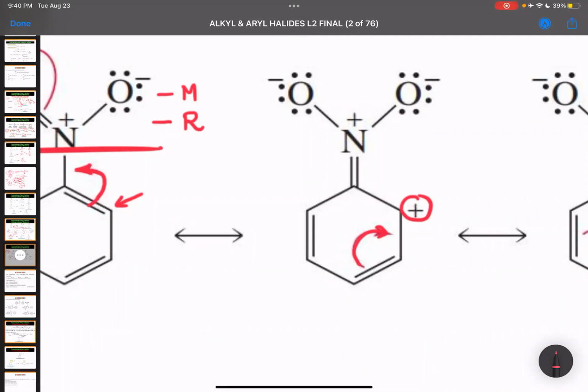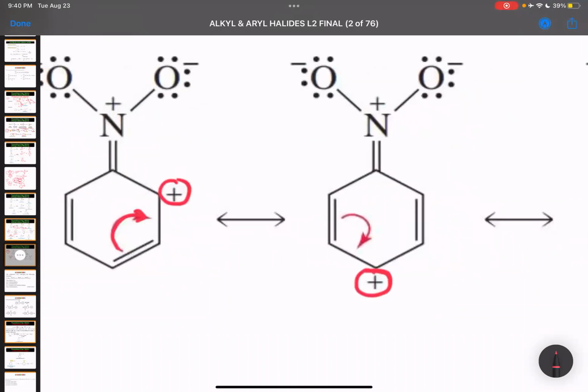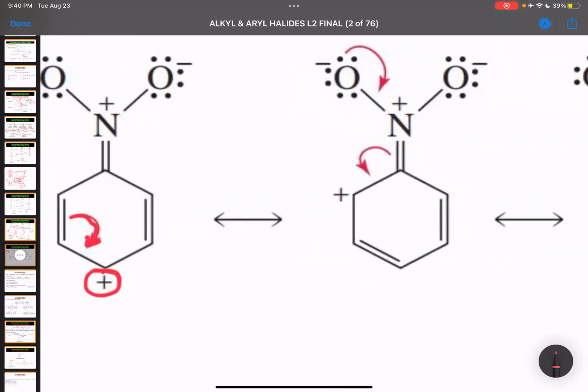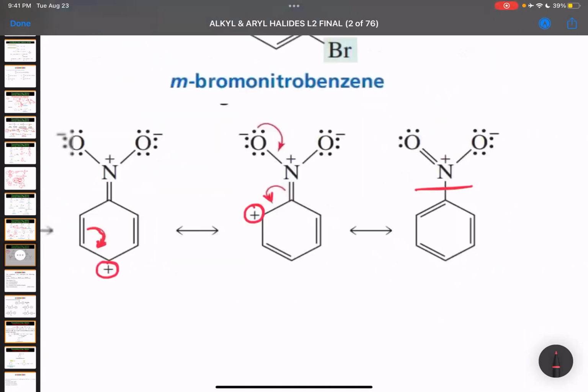This pi bond will become like this, and there is a positive charge at the para position, and this plus charge will again try to pull the electron. So there is again a positive charge at the ortho position, and finally it will take back its electron density, and that's how you have nitrobenzene again.